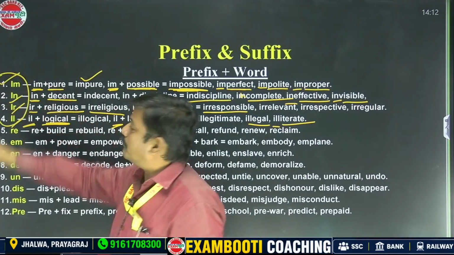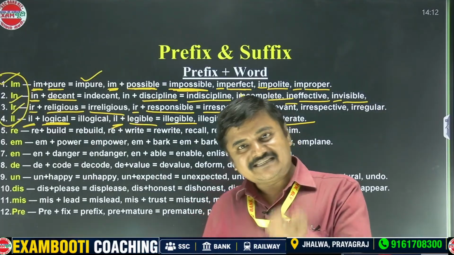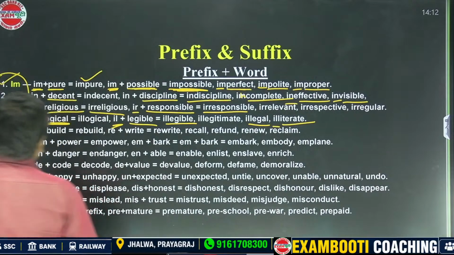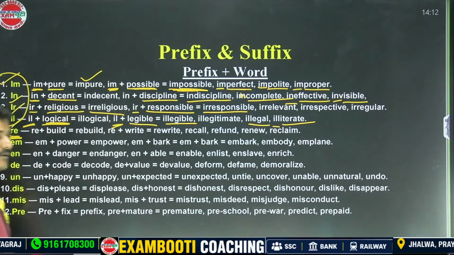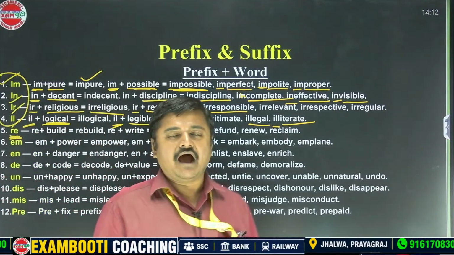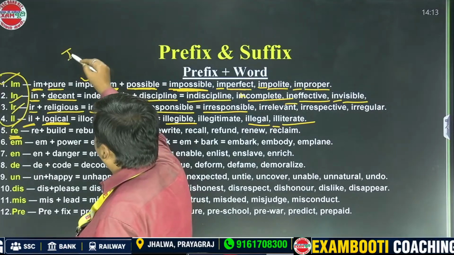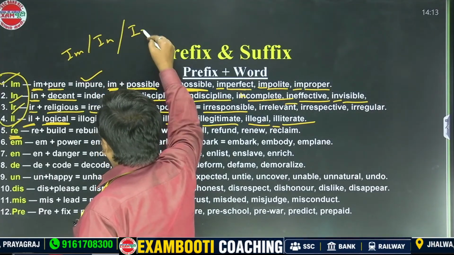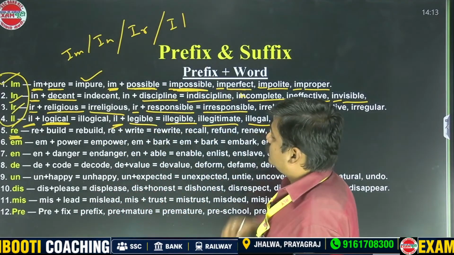They form opposite words. If you add them, you will get its opposite. Now, there are some more prefixes. Whenever you see IM, IN, IR and IL, what do they do?